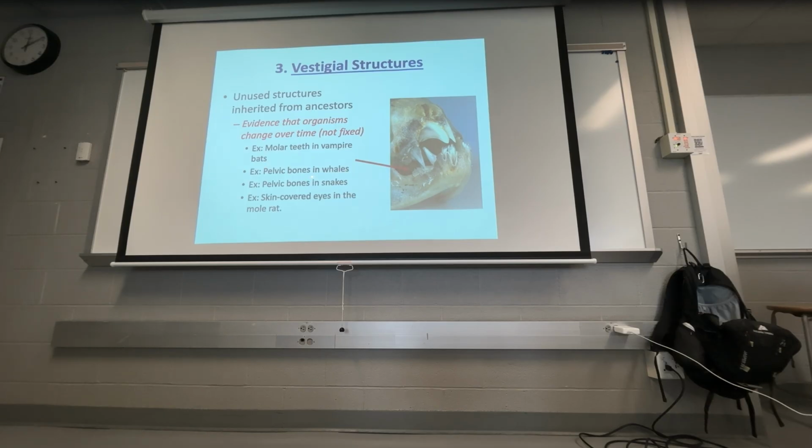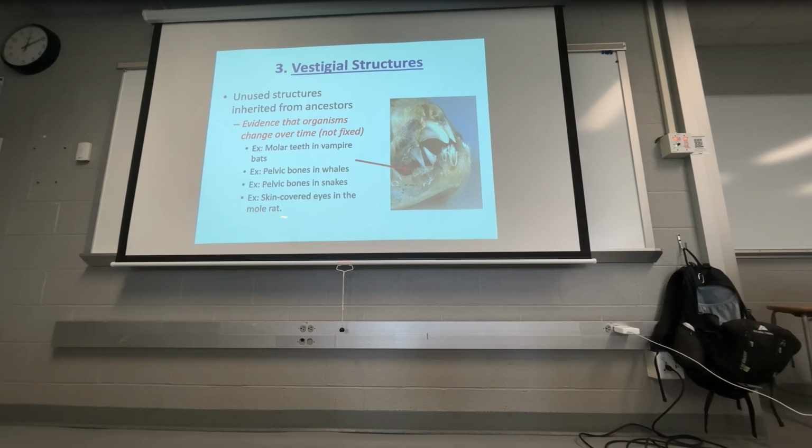Pelvic bones in whales and pelvic bones in snakes, two organisms that don't have back limbs, right? But they come from terrestrial ancestry, or common ancestors that were terrestrial with back limbs. They still have pelvic bones, and in some cases, the pythons still have some of the pieces of the femur, if you will, that you can find.